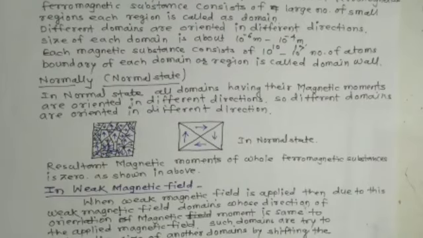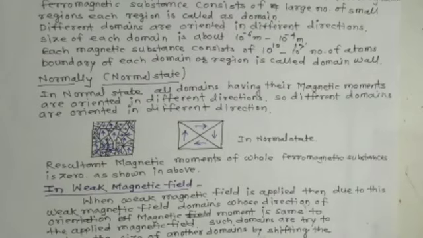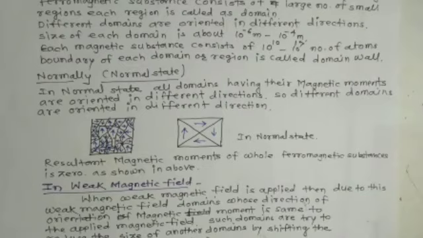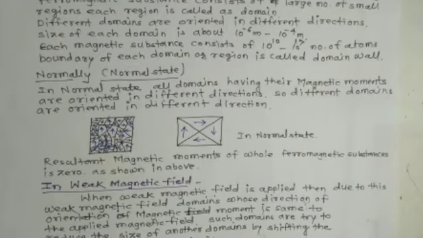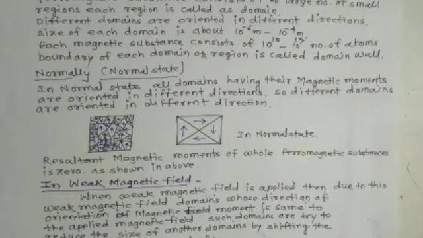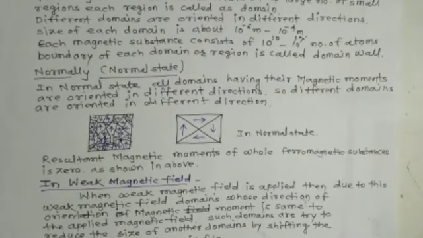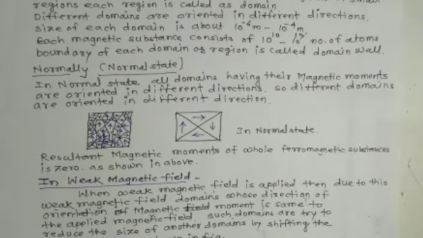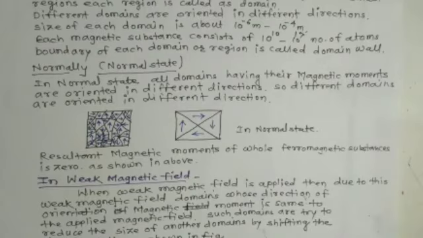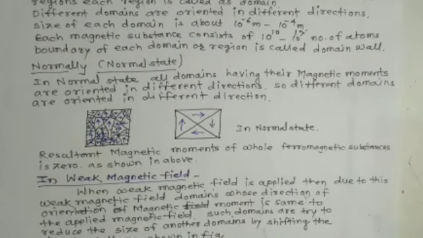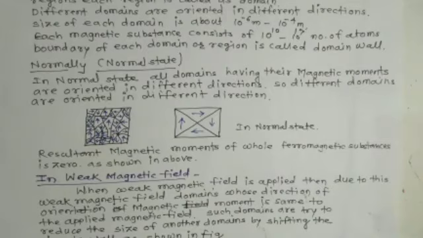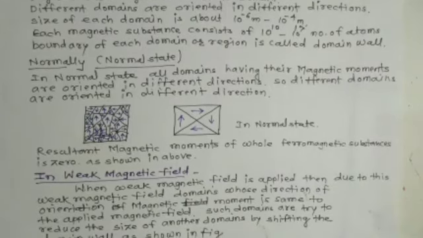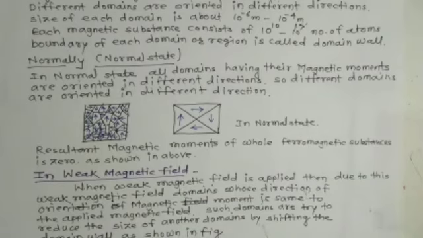In the normal state, all domains have their magnetic moments oriented in different directions, so the resultant magnetic moment of the whole magnetic substance is zero, as shown in figure.